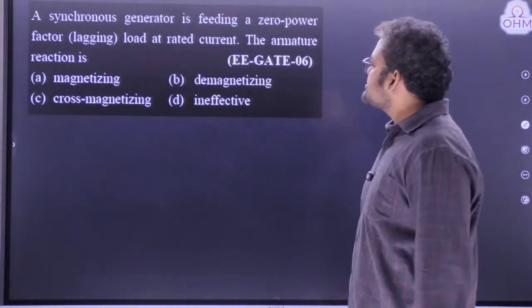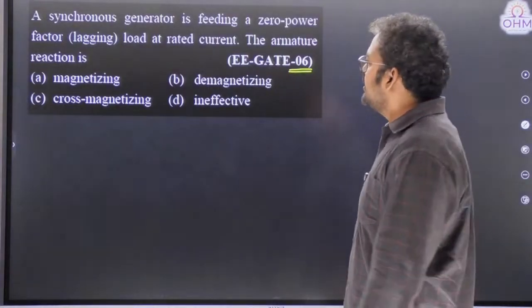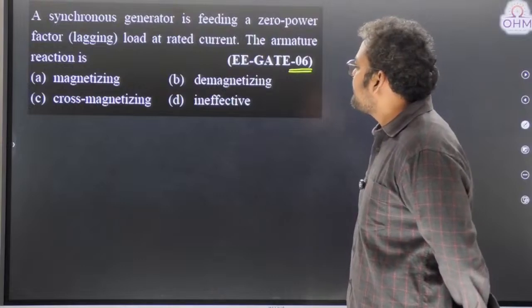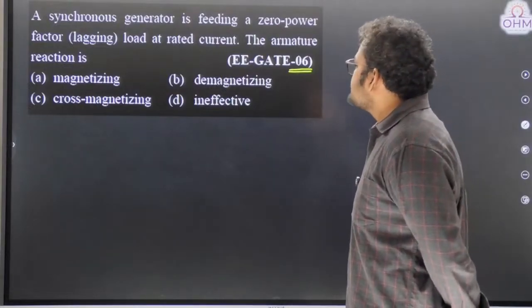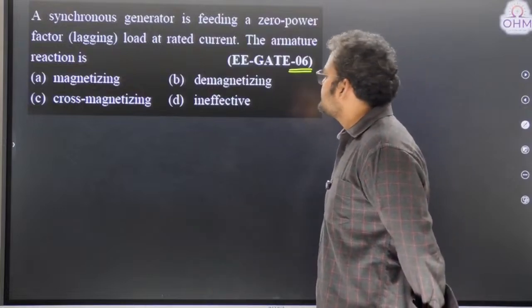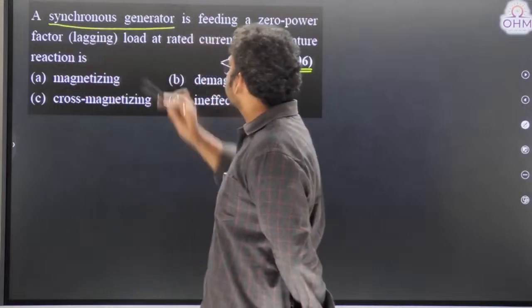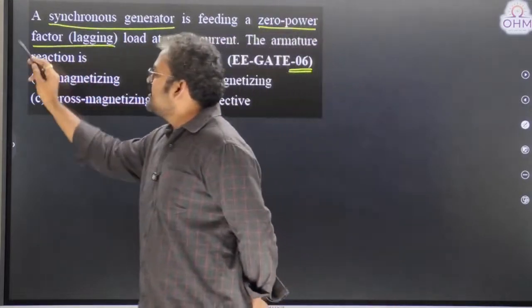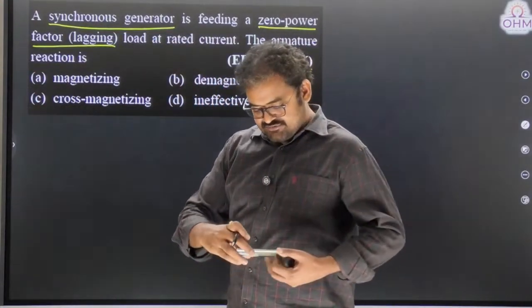Now, there was a question in GATE 2006 exam. It's a 1 mark question. A synchronous generator is feeding a 0 power factor lagging load at rated current. What is the effect of armature reaction? The question is from a generator feeding 0 power factor lagging, that is ZPF lagging power factor.